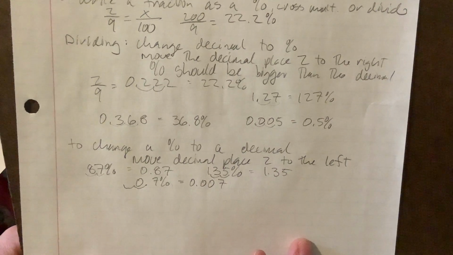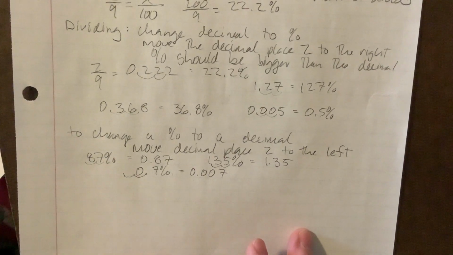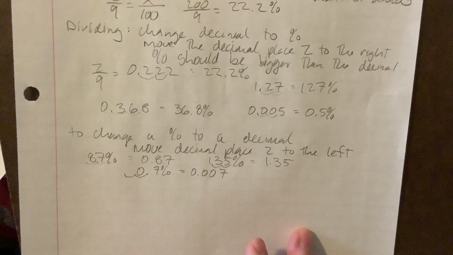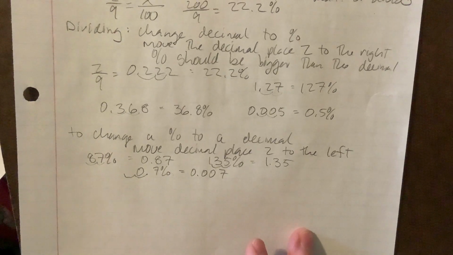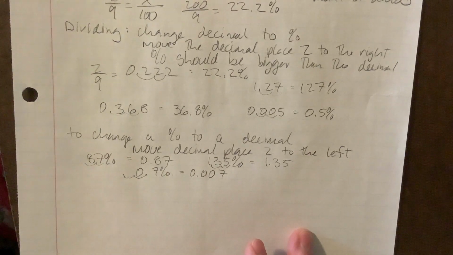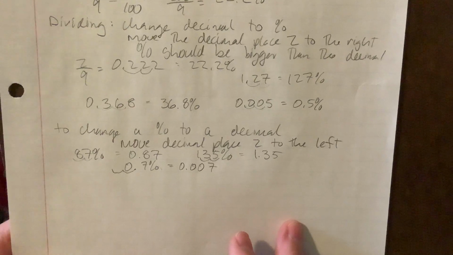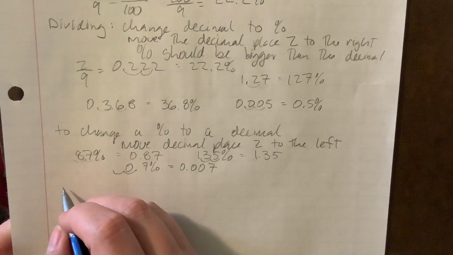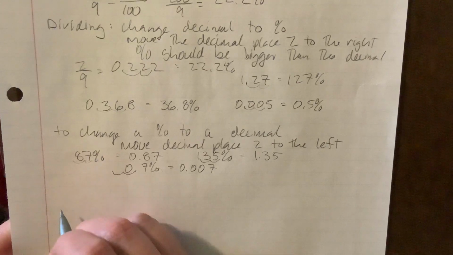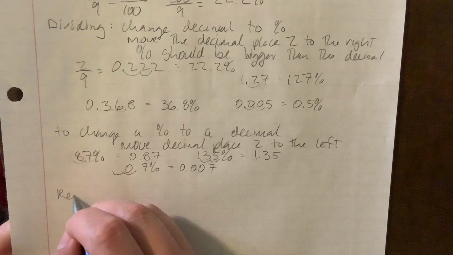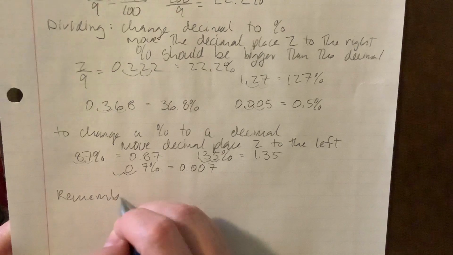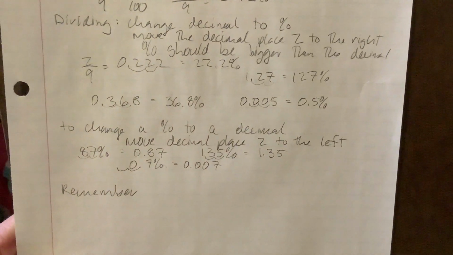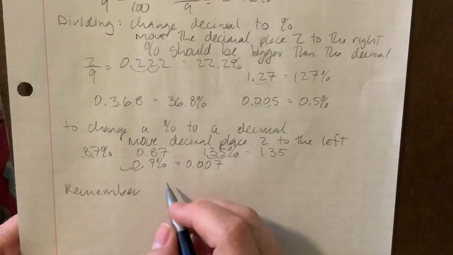The last type of questions: most of the questions on this assignment are just changing percents to decimals, decimals to percents, fractions, all of that stuff, or just recognizing what a percent actually means. The last set of questions are ordering lots of numbers, and we did this in our rational numbers section.